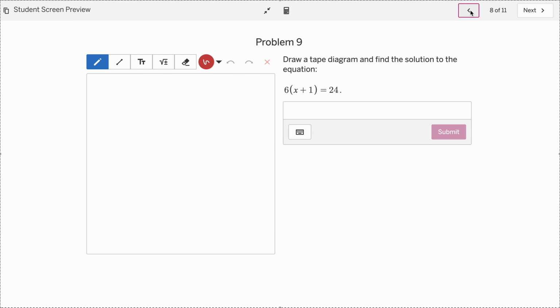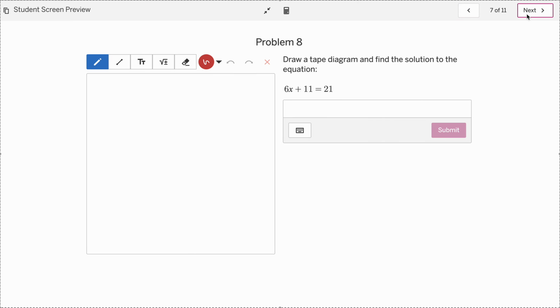For the other problems you said you got incorrect, you said it was problem 7, 8, and 4. So let's take a look here at problem 8. Our equation is 6x add 11. We have to draw a tape diagram. Well, I would start with a tape diagram. You know that if you have 6x, that means that you're going to have 6 parts that are equal, and then if you have 11 extra, you're going to have one box that's just 11.